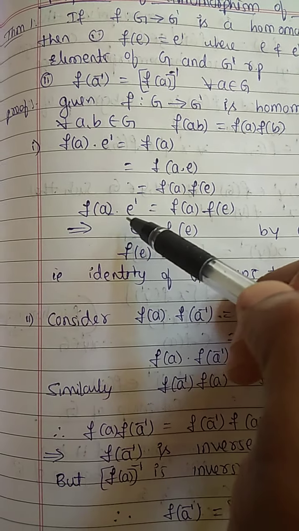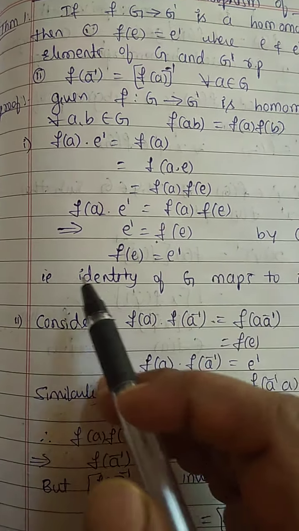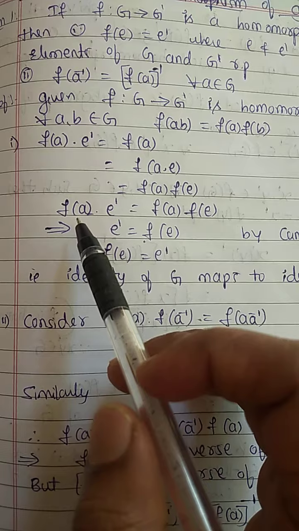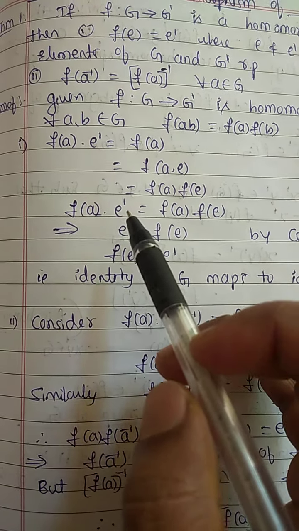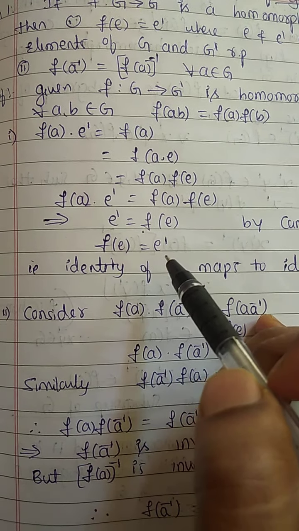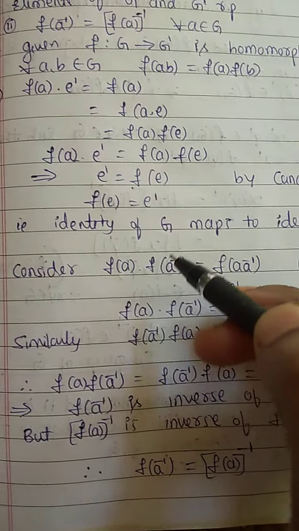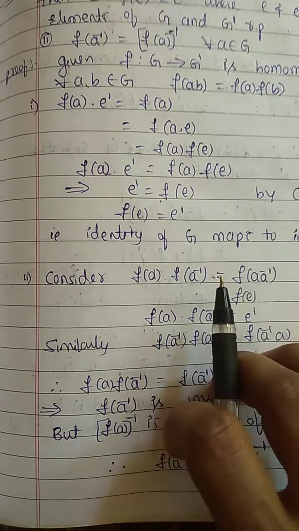Therefore, f of a into e dash equals f of a into f of e. By using the left cancellation law, we can cancel f of a. Therefore, e dash equals f of e, that is, the identity of G maps to the identity of G dash.